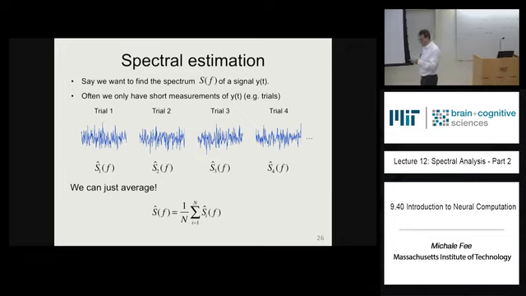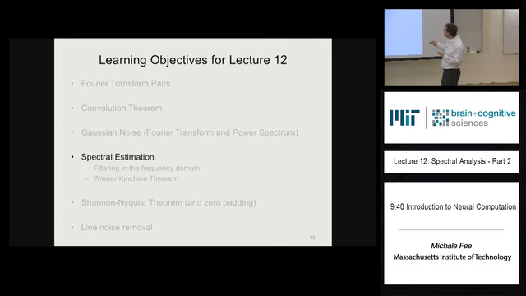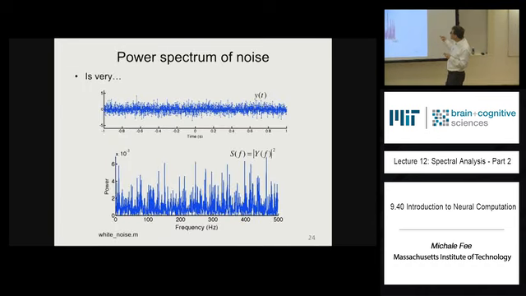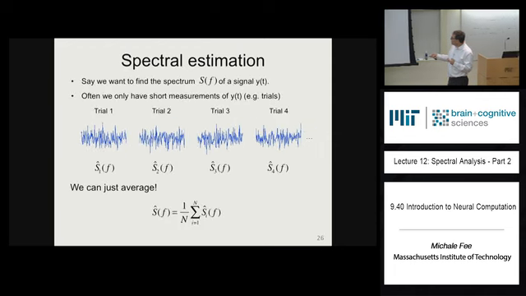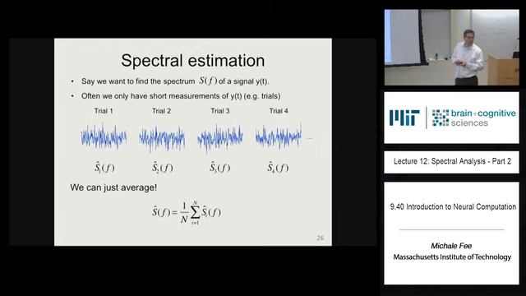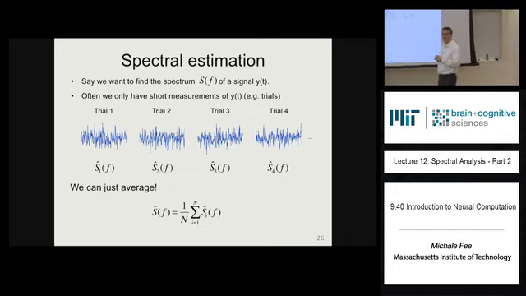Okay? Does that make sense? So literally, we just do what we did here. We have a little bit of signal. We Fourier transform it, take the square magnitude, and now you average together all of your different samples. Does that make sense? That's the simplest form of spectral estimation.